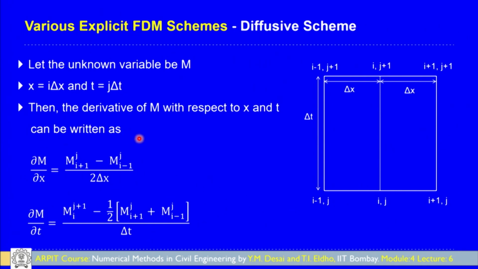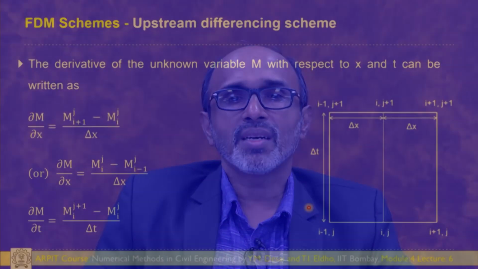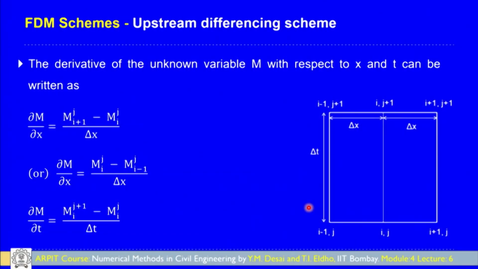Generally, here we are discussing only the first derivatives del m by del x or del m by del t. We can similarly formulate del m by del y or the second derivatives del square m by del x square and del square m by del y square. When we write the final form for the given equation, either a partial differential equation or an ordinary differential equation, like this, it is called a diffusive scheme.